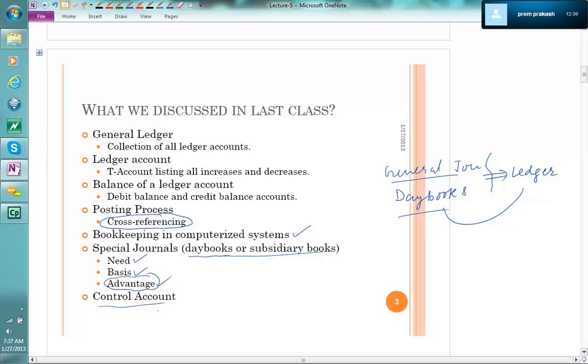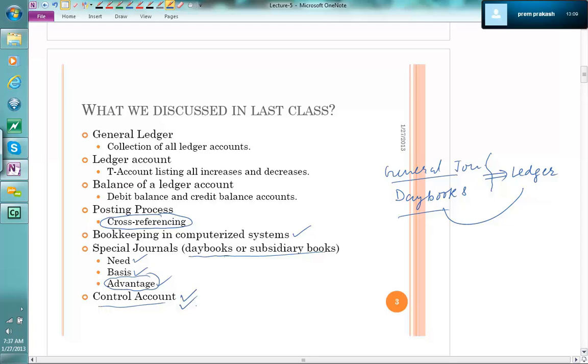That will be recorded at the customer level, but there is a control amount which sums up all the amounts receivable from different customers into a particular amount, and that is known as the control account. So at any point of time, the debit balance of all accounts receivable should match the debit balance in the control account.